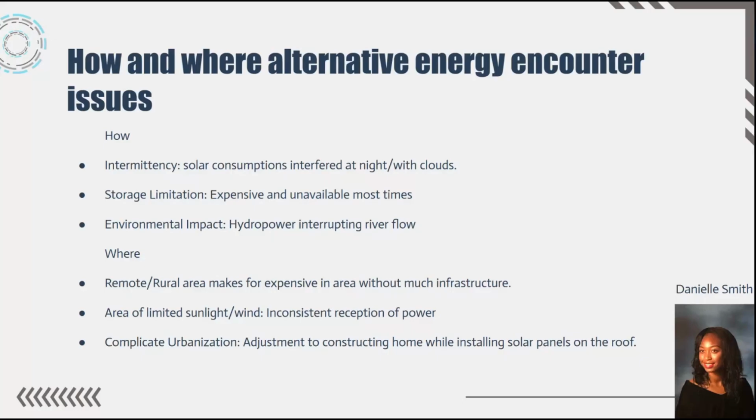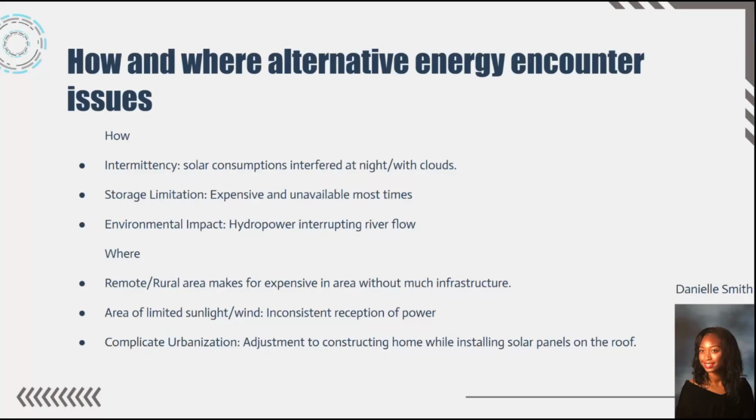This is fluctuating output from an alternative energy source. For example, solar power can generate electricity only while the sun is shining. Solutions to this problem are developing energy storage systems and/or creating a system using multiple renewable energy sources simultaneously.